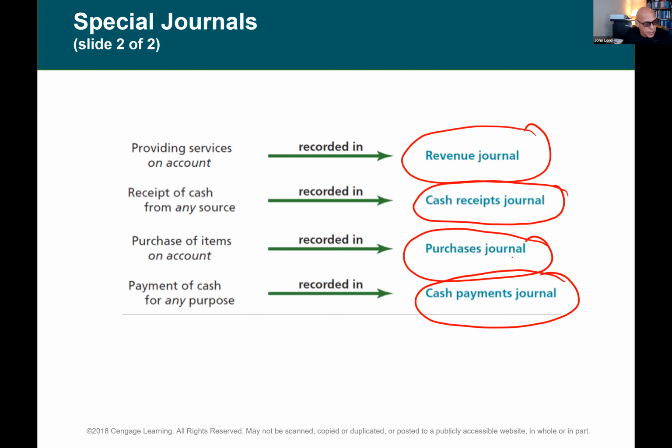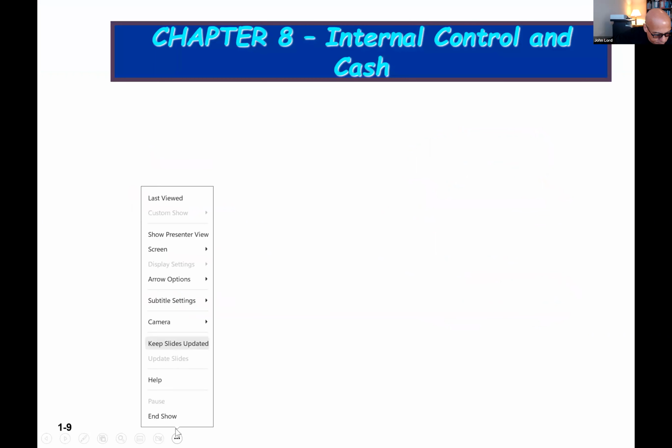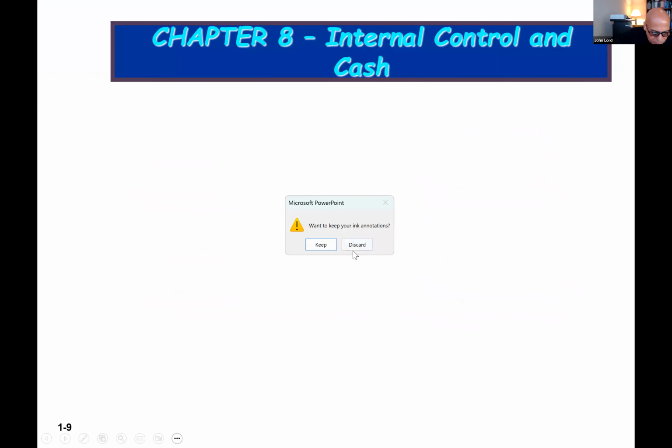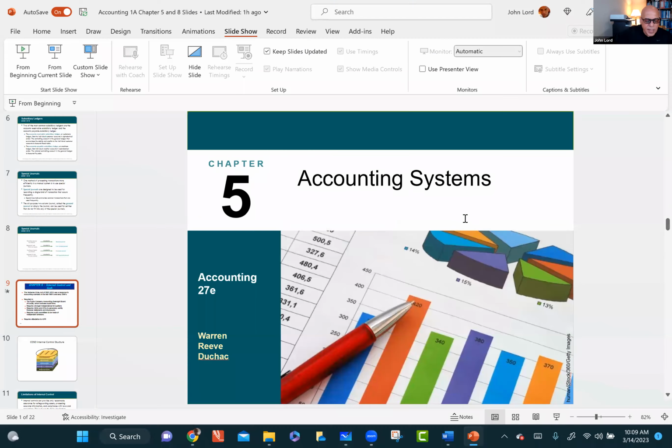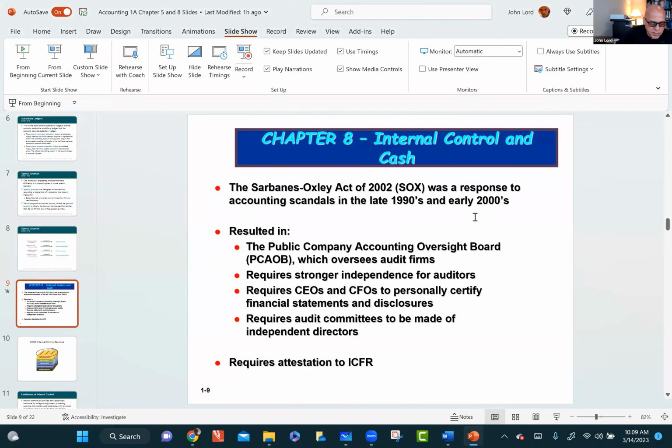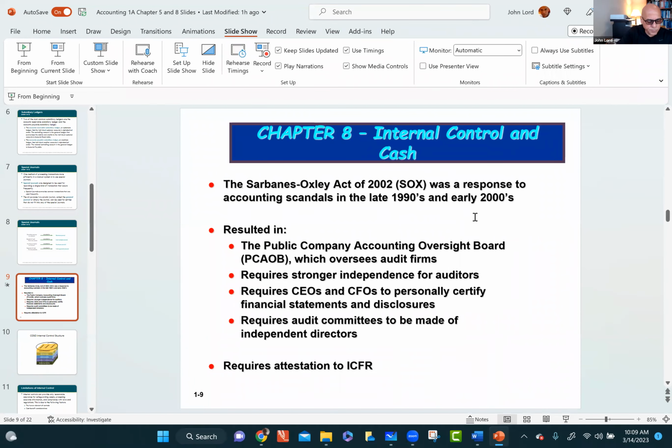Okay. Now, again, I'm not going to test you on that stuff, and a lot of that is very much old hat. By old hat, I mean most companies have automated systems these days, and what they were describing there to you was a more manual system.